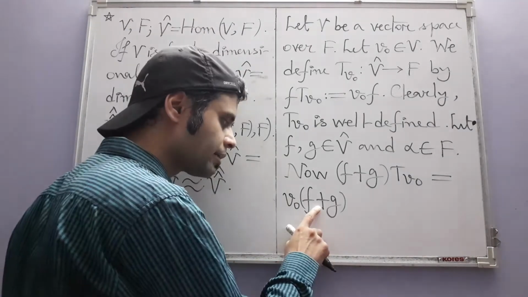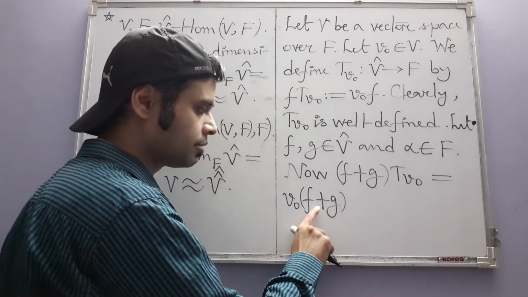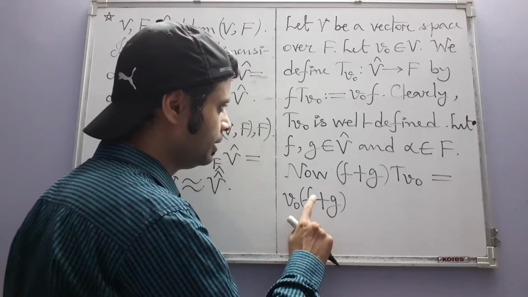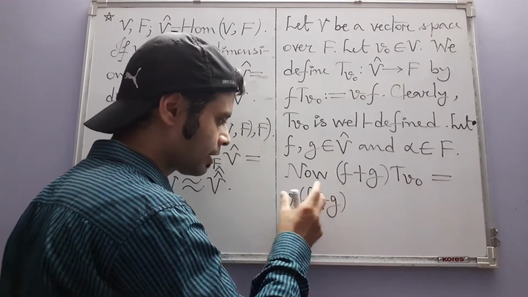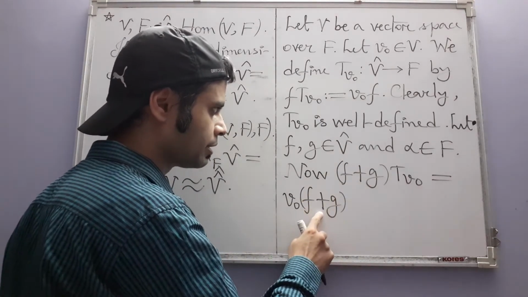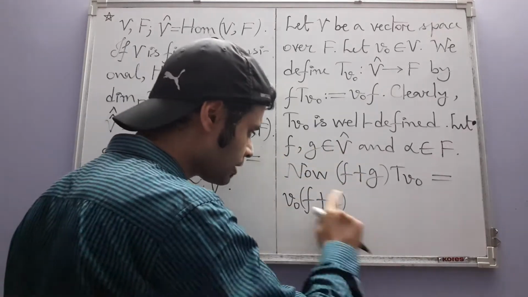Now you look at this plus, where is this plus happening, or where is it being carried out? It is being carried out in the dual space v hat, and actually by the definition of that plus, which is the vector space addition of this vector space, what is this?